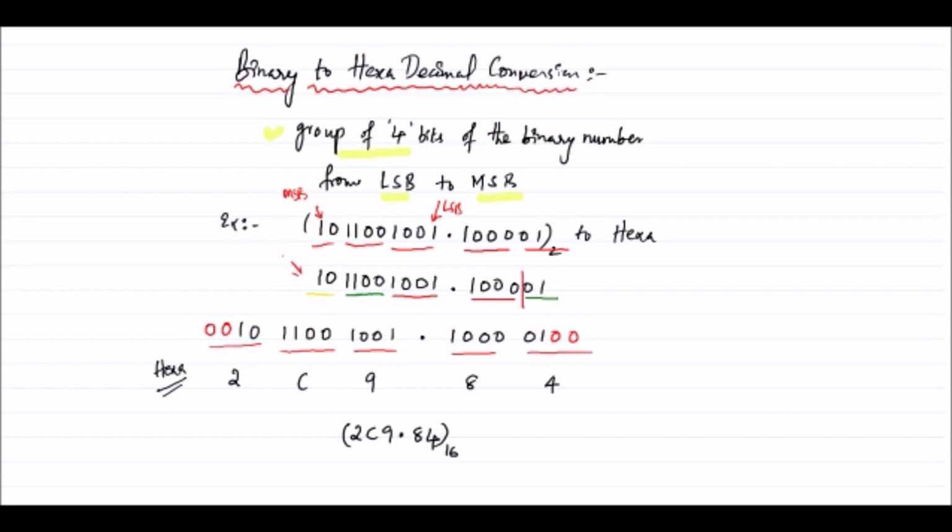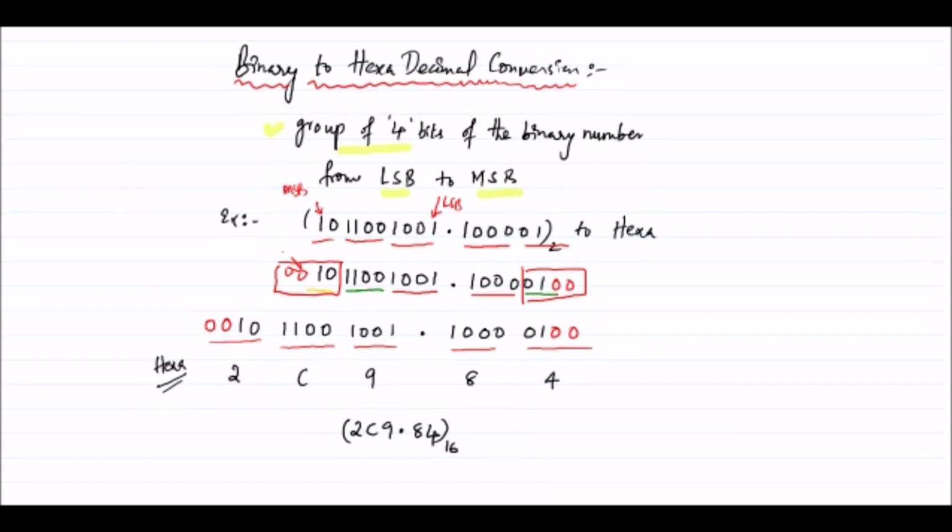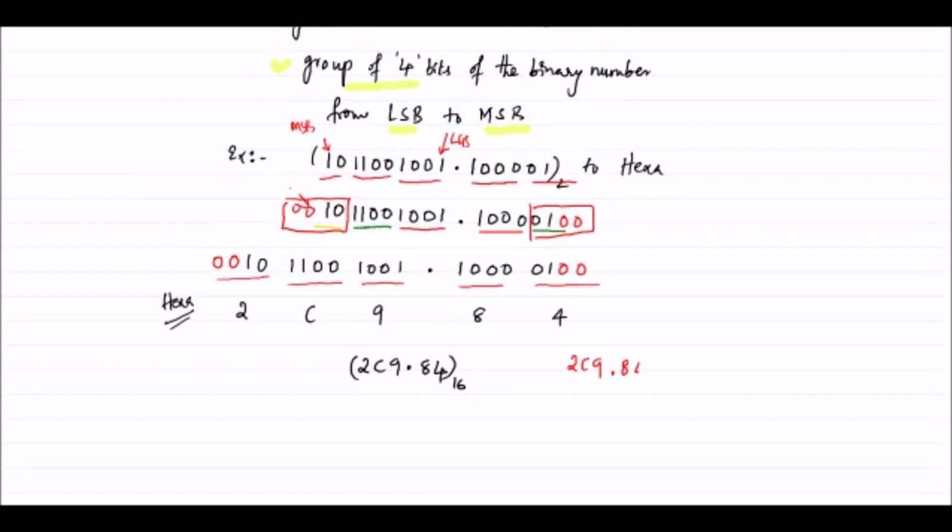So in this group and in this group we have only 2 bits. So what we need to do is replace the remaining bits with 00. So if I replace those bits with 00, every group will have 4 binary bits.